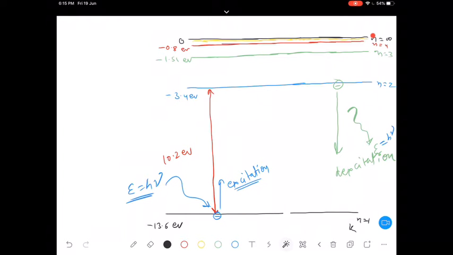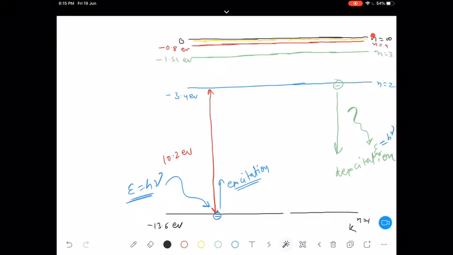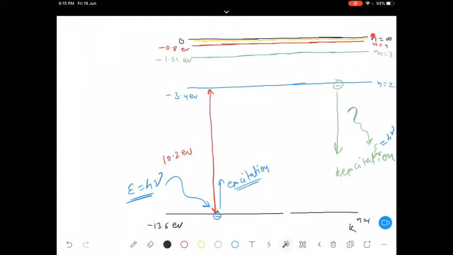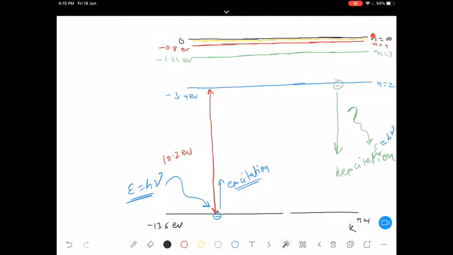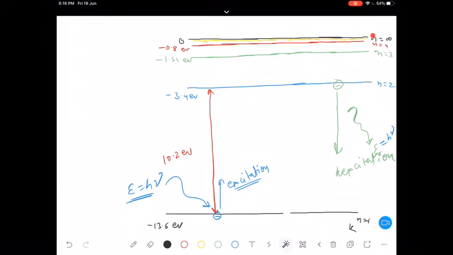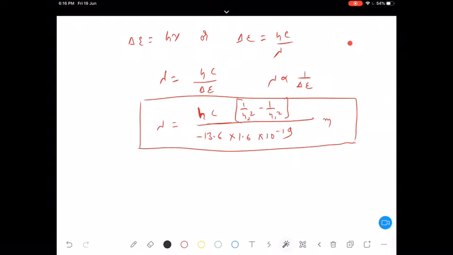The force between these two will be 0, potential energy will be 0, and total energy will also come out to be 0 for that electron. Is that clear? So now ionization potential we can calculate easily. That will be this delta E from n equals 1 to n equals infinity. That is one more definition.